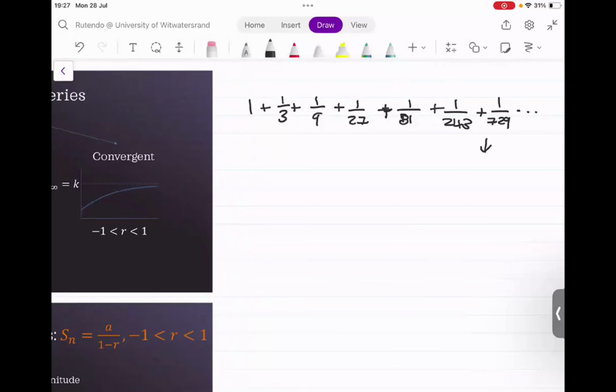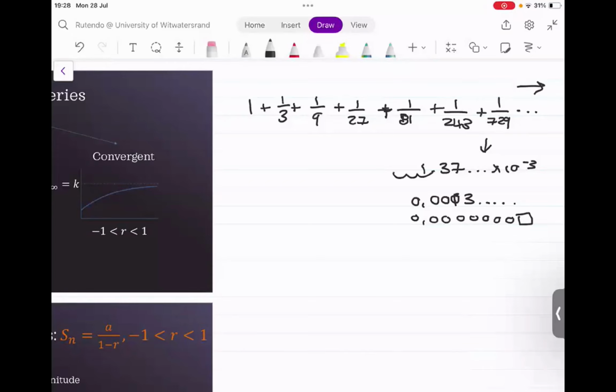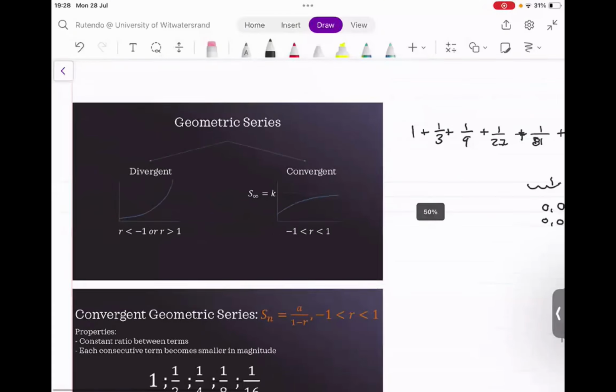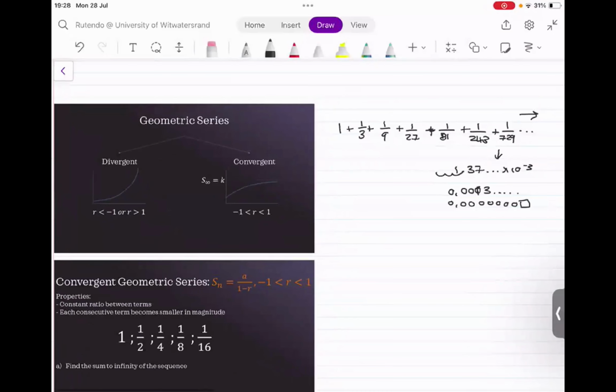You'll get something ridiculously small, like 1.37 times 10 to the minus 3. That's 0.00137, so it's quite small. As you go further and further, you're going to be adding smaller and smaller numbers.